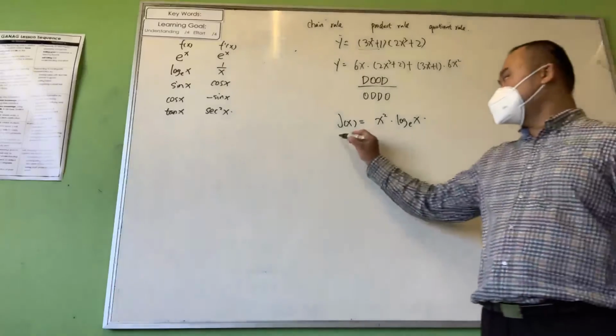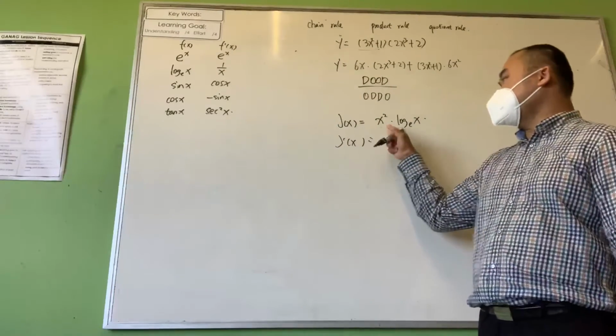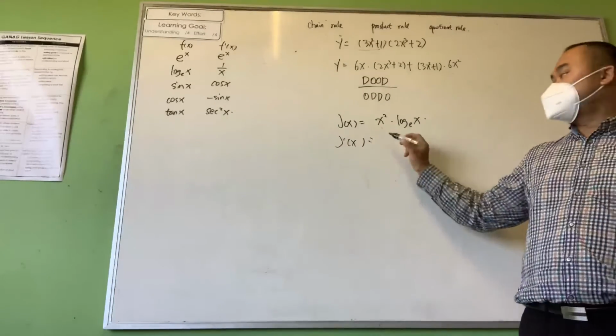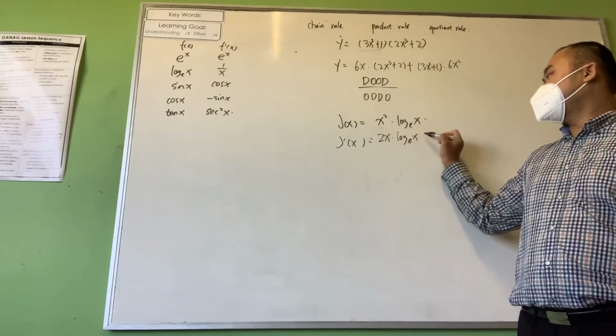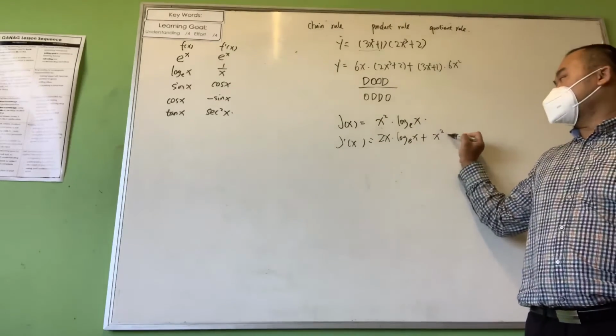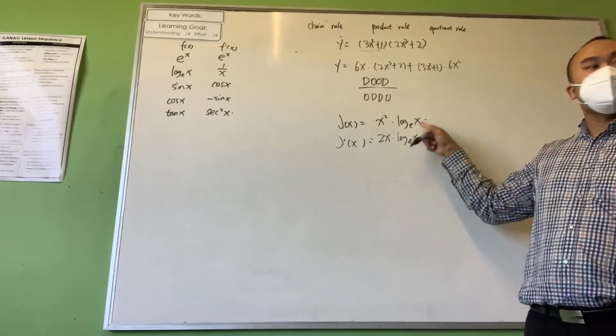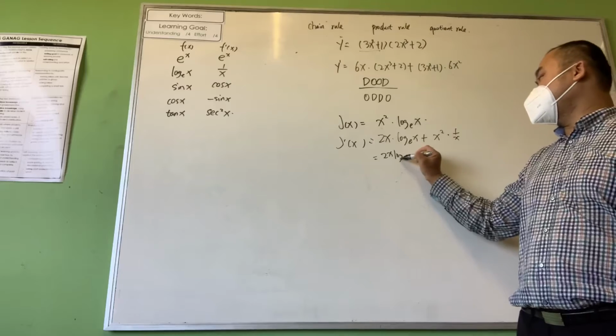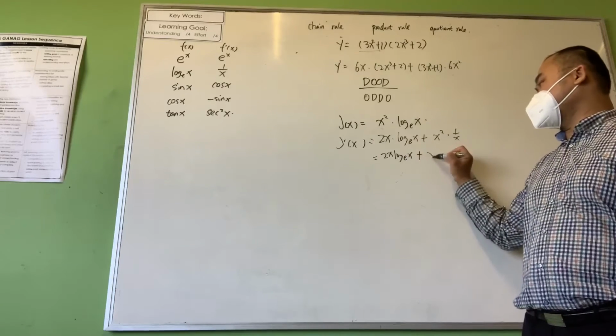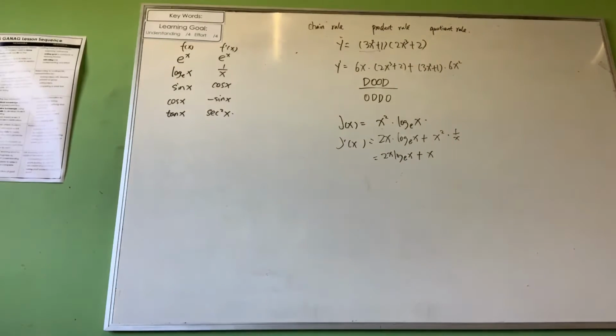All right, so let's do it. j dash will equal the derivative of the first one, which is 2x, times the original, plus x squared times the derivative of this guy, which is 1 over x, and then you can simplify. You can't simplify the first term, but you can simplify the second term. That's all. Yep, that's the product rule. Does it make sense? Yeah.